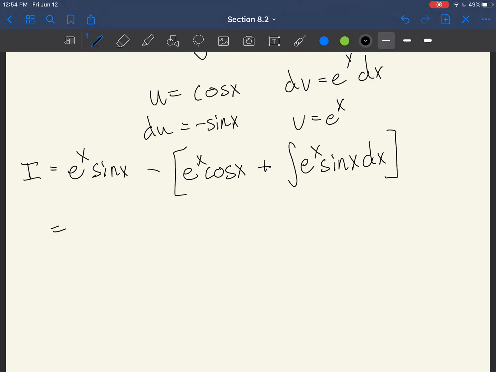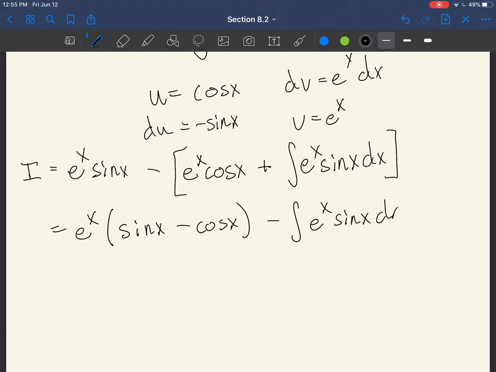Okay, distribute this negative sign from the first integration by parts, and you get e to the x times sine x minus cosine x, minus the integral of e to the x sine x dx.